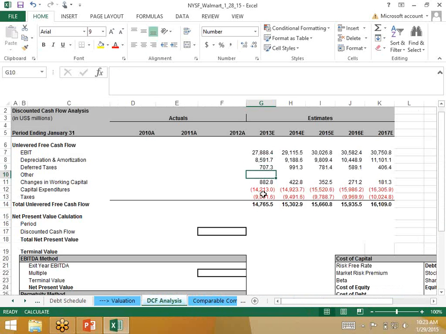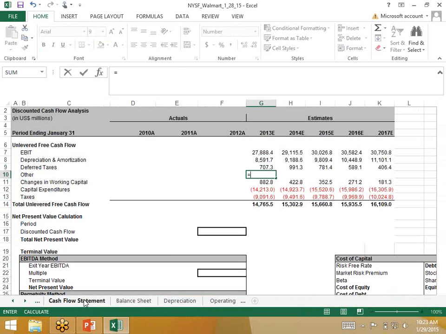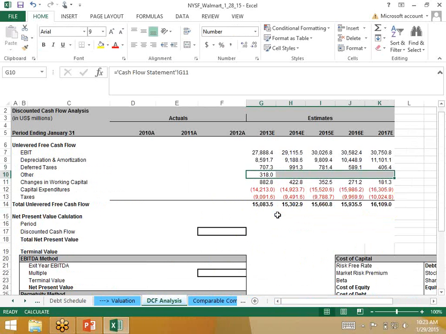So for that reason, I would include the other operating. I would not include the extraordinary. And this should properly represent cash being produced from the business, starting from EBIT for 5 years.